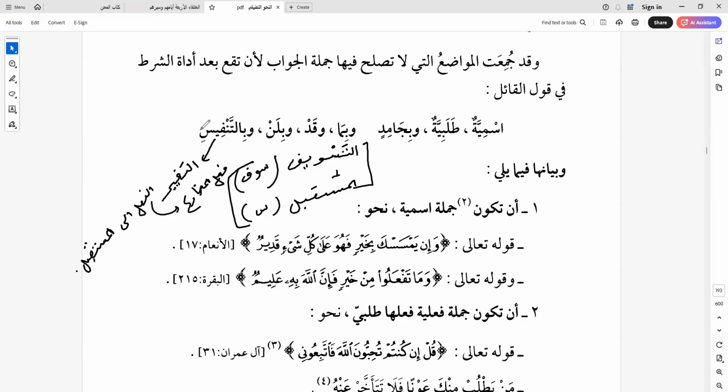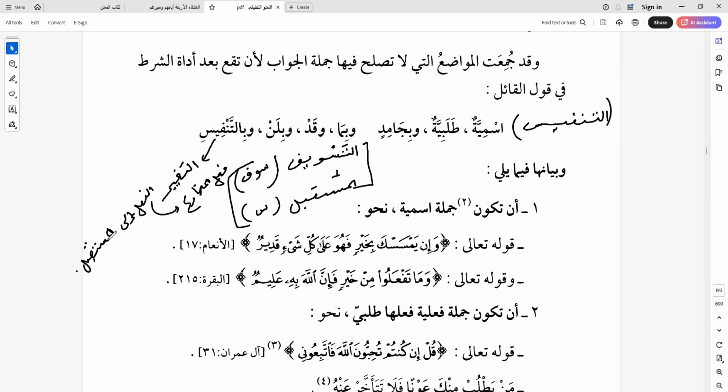So in Arabic grammar, anytime somebody asks you to define a tanfis, that's the meaning of it. التنفيس is تغيير الفعل إلى المستقبل أو تغيير فعل المضارع إلى المستقبل. You change it to the future, and that is what we call تنفيس.